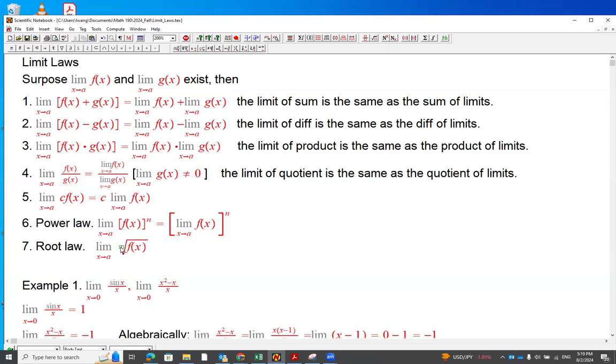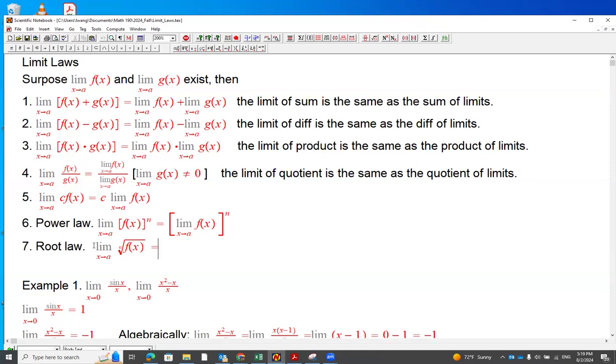If the nth root is even, then f of x has to be in the domain of the even number roots, which is greater than or equal to 0.